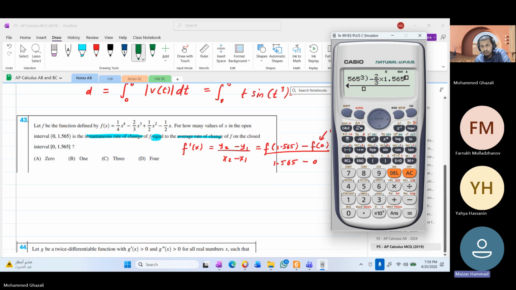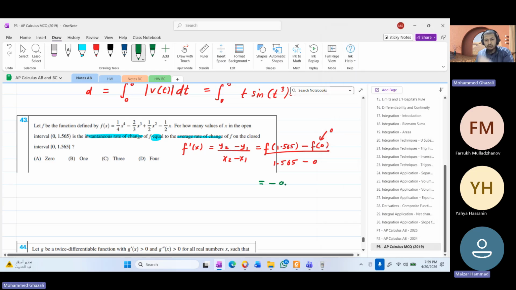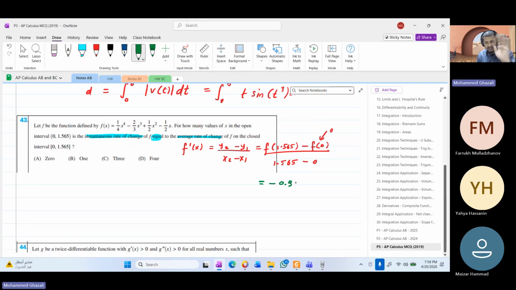Miss, I'm getting a negative answer. What negative answer are you getting? Negative 0.4. Give me more decimals. Negative 0.3920573854. Give me 4 decimals. Negative 0.3920. All right.